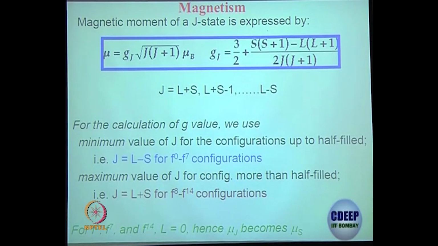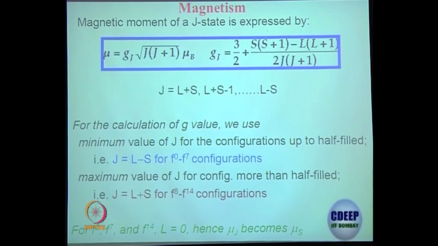Start learning. Now the number of unpaired electrons can give you the S, the summation of the spin of the unpaired electrons.